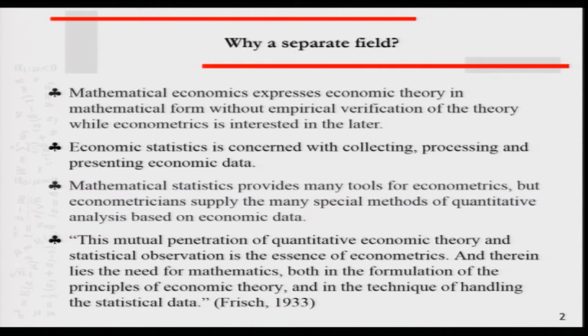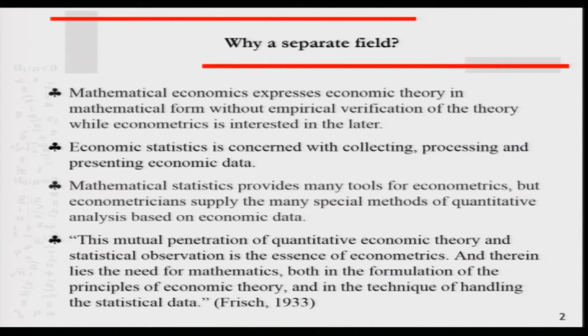Now note the use of mathematics here, because when we are talking about economic theory, as we find in literature, they are mostly qualitative in nature. They qualitatively explain certain economic phenomena, how things behave, how things move. Of course, I am talking about economic variables here, but then to empirically validate that, first you have to have a mathematical form of this theory.